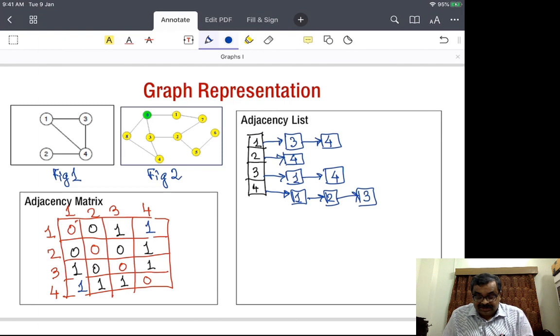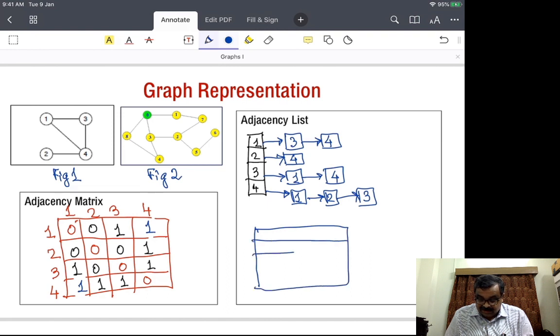We could also represent this in terms of an array data structure, where instead of this pointer, we could do it in a different way. We could have an array like this, 1, 2, 3, and 4. And then we could mention in the first row how many edges there are.